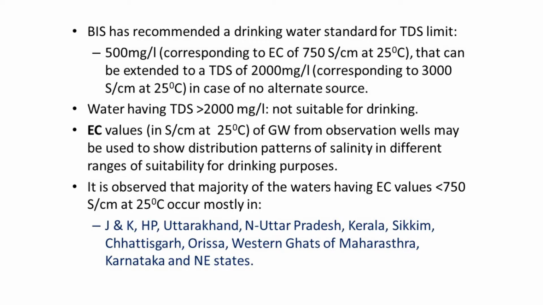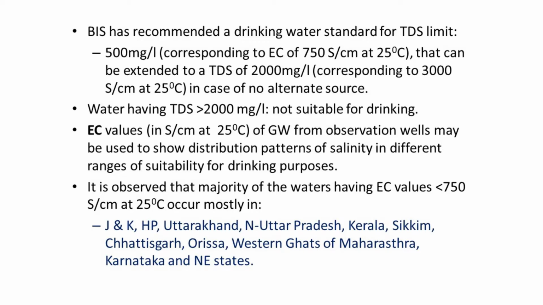So water having TDS more than 2000 milligram per liter is not suitable for drinking use. The electrical conductivity values in µS per centimeter at 25 degrees Celsius of groundwater from observation wells can be used to show the distribution pattern of salinity in different ranges of suitability for drinking purposes.